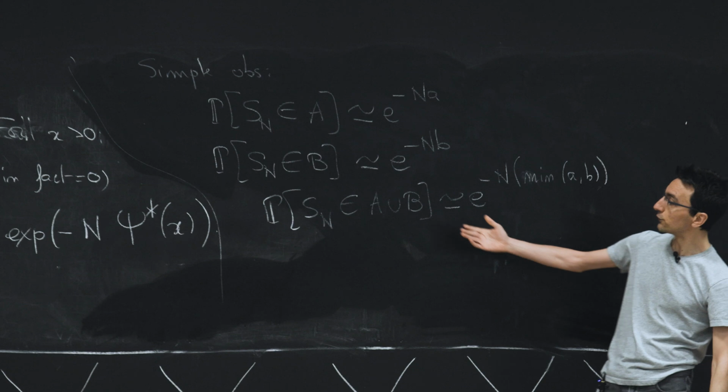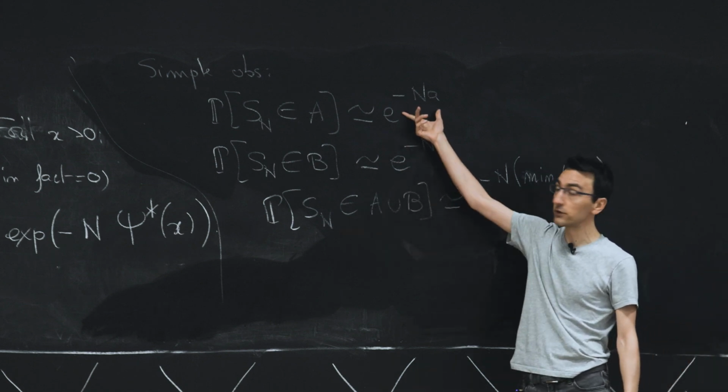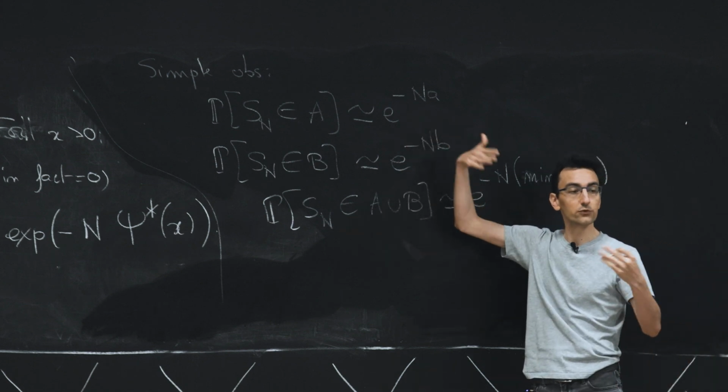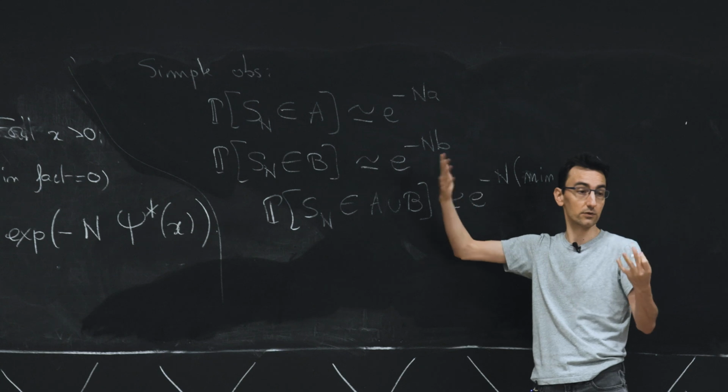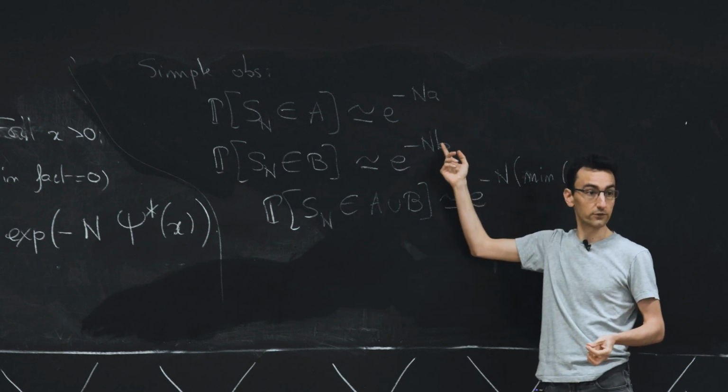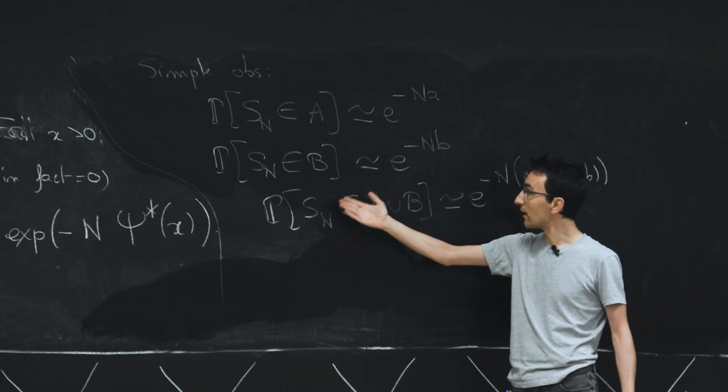Okay, because if you use the union bound, you'll have the sum of these two exponentials, but at the exponential scale, it's just going to be dominated by the parameter that is smaller.